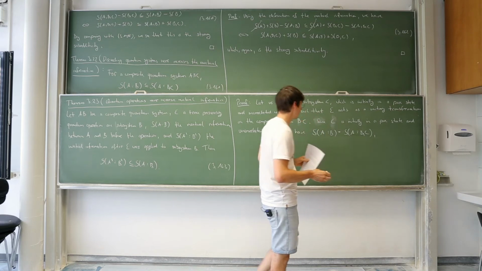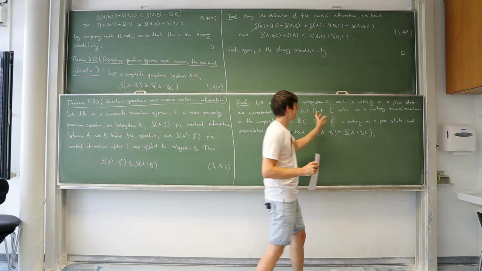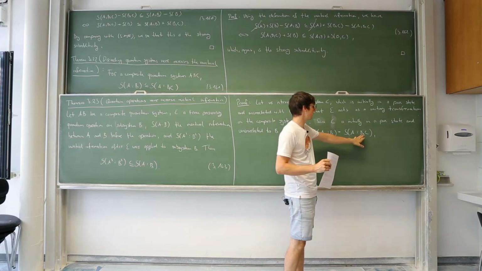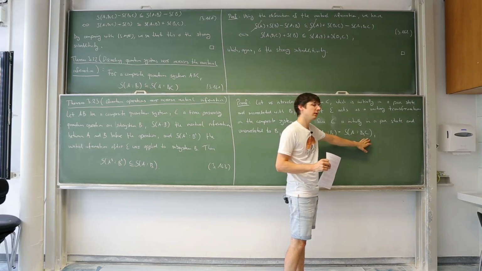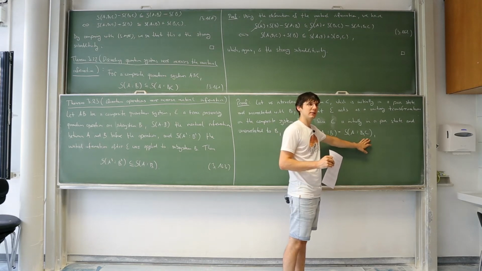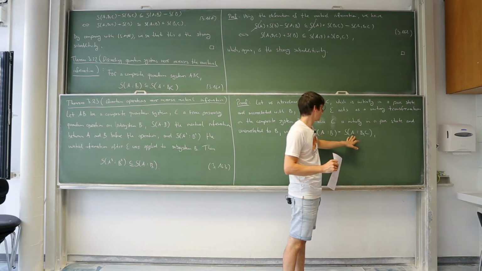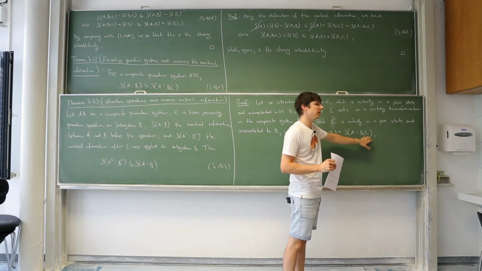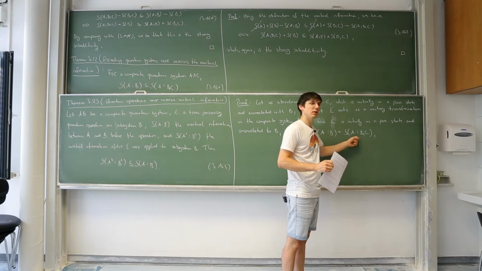Right, and the next thing we use is that this trace-preserving quantum operation on system B acts as a unitary transformation on system BC, meaning that it does not change the mutual information between the system A and the composite system BC. Okay, because if we apply only a unitary transformation on these subsystems, this does not change the mutual information.